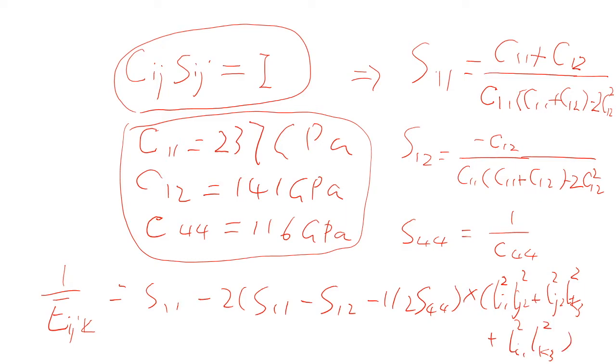The l1, l2, and l3 here are the direction cosines.